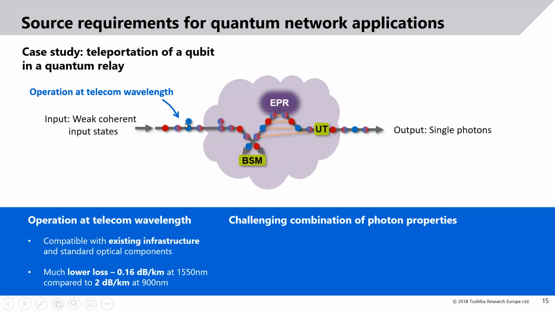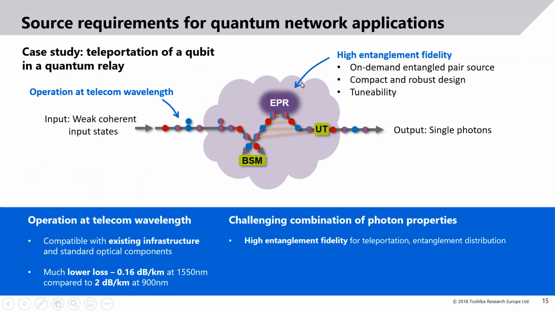Now, if you want to do a quantum relay, there are some properties that we need of our single and entangled photon pair source. And the first one of which is that we need a high entanglement fidelity, where we want on-demand entangled photons, ideally a compact and robust source, which can be tuned to our input qubits of weak coherent states.